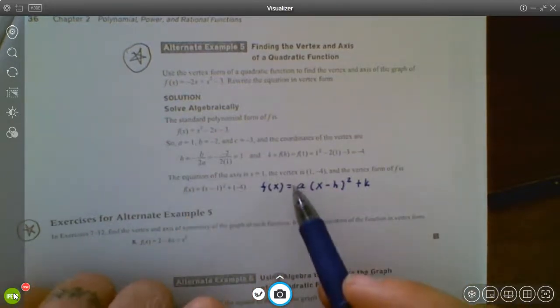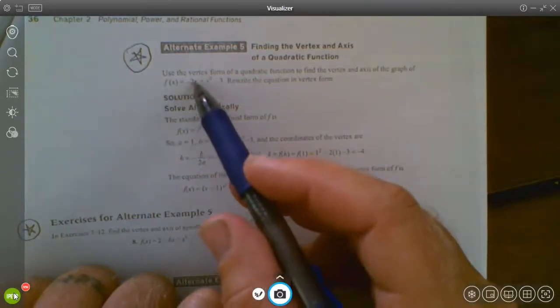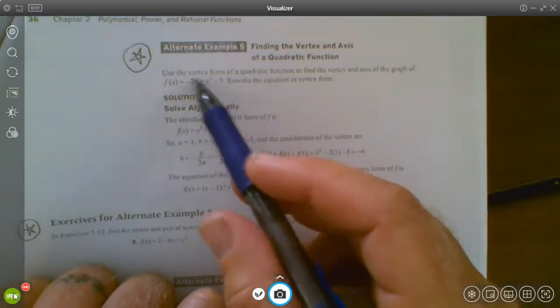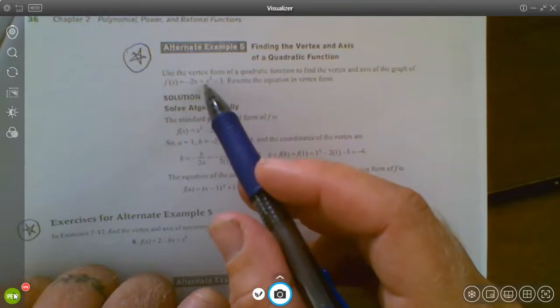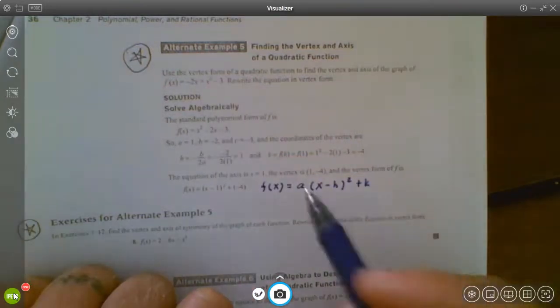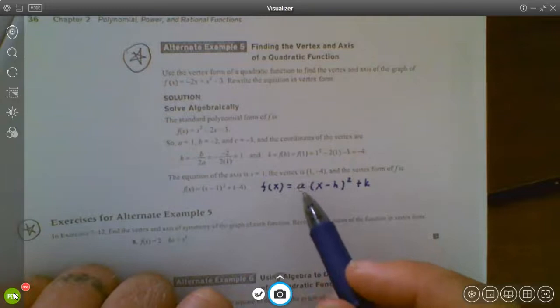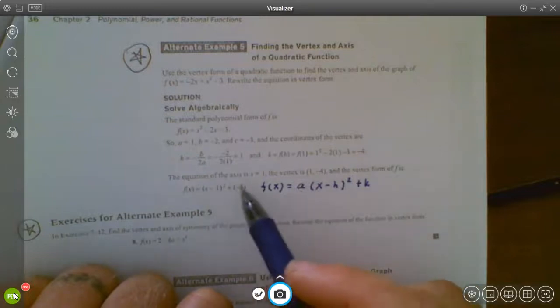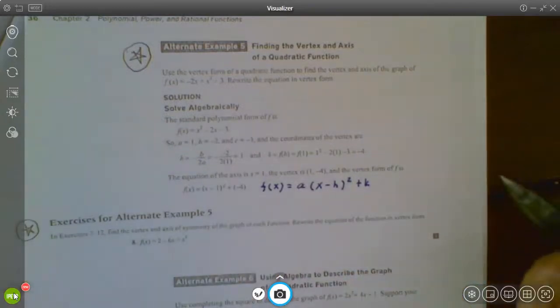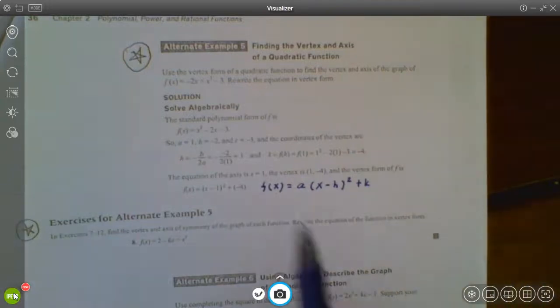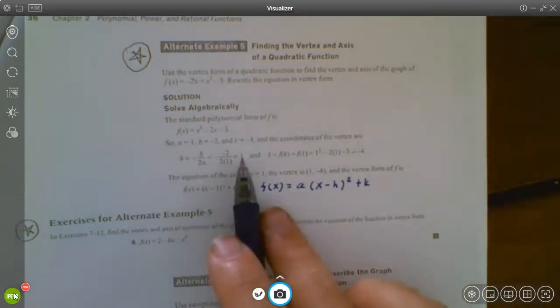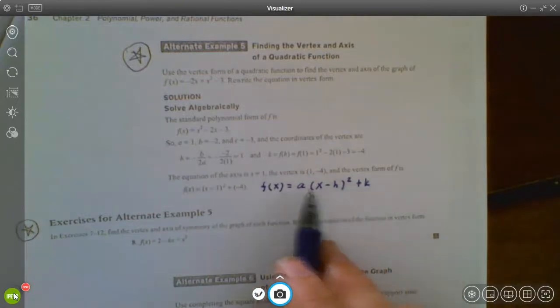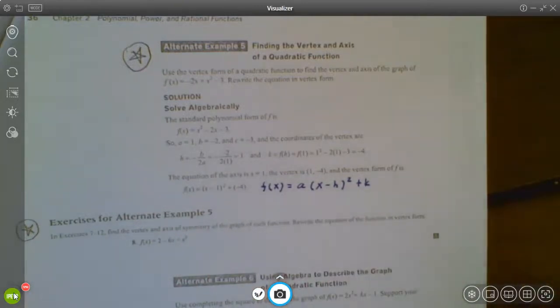What about the a value? So if you go back up to here, you can see our a value was, oops, sorry, these were not in the right order. Our a value was right here. It was positive 1. So I can put a 1 right there for my a value, and that's where they're getting this set up. We can use completing the square as well, but one option, if we use this process first, is just to take that information to help put it into our vertex form. So let's give one of those a try.